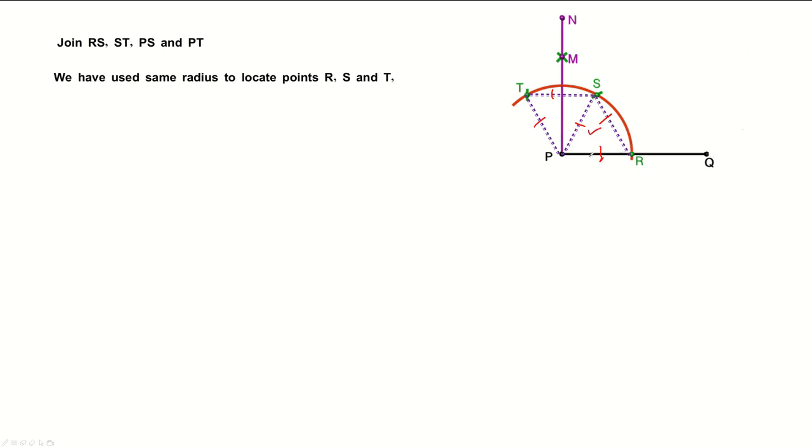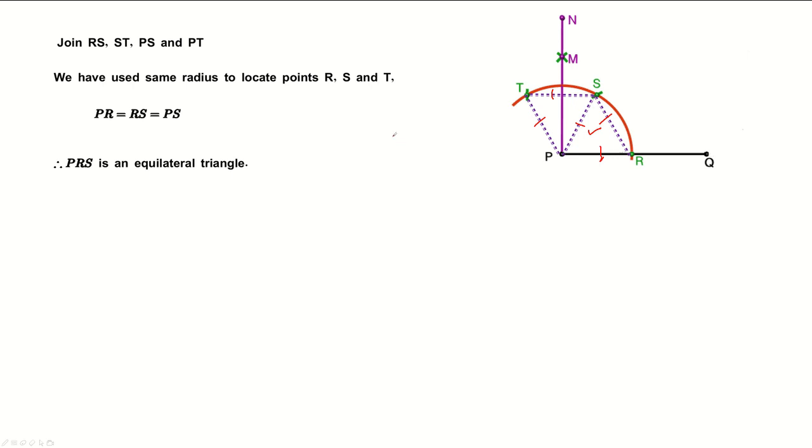Consider this triangle. Here we have all the three sides equal, so it is an equilateral triangle. PRS is an equilateral triangle.